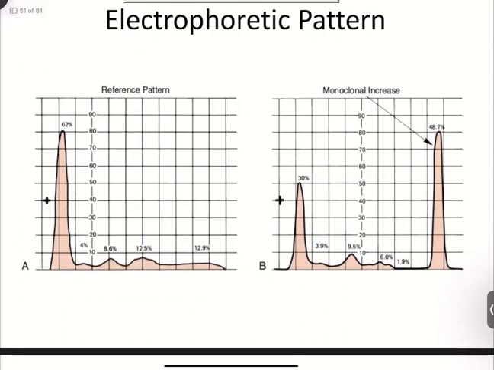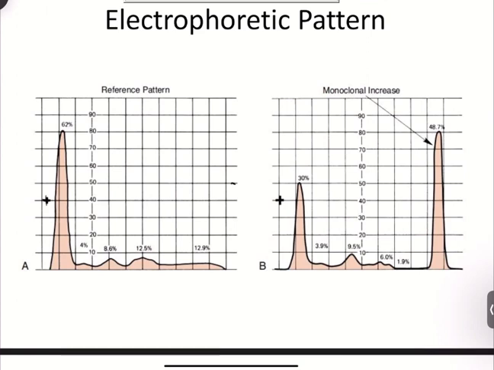Okay. Next is the electrophoretic pattern. So what is the electrophoretic pattern? This is the pattern produced by your electrophoresis. This is the positive, this is the negative side of your electrophoresis, so from your anode to cathode.